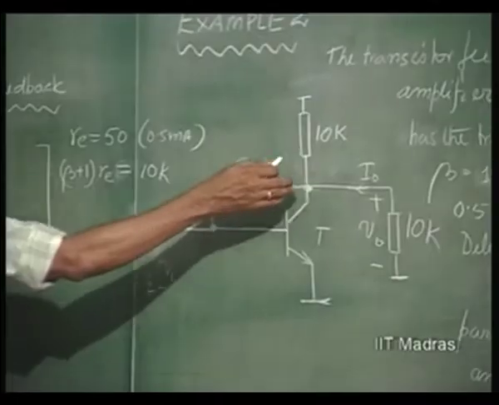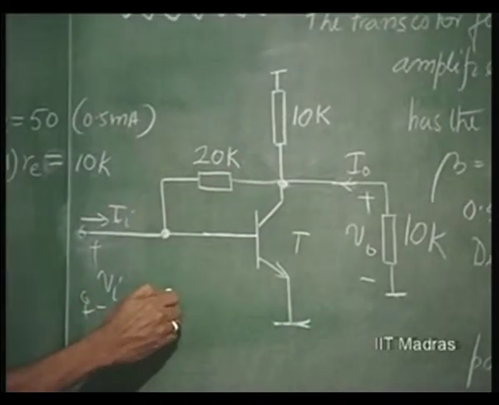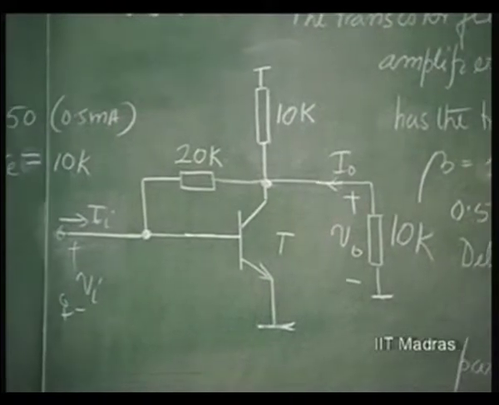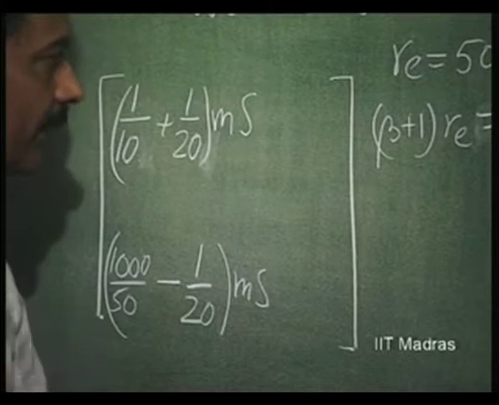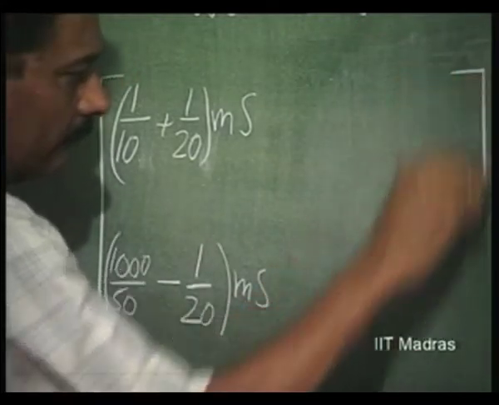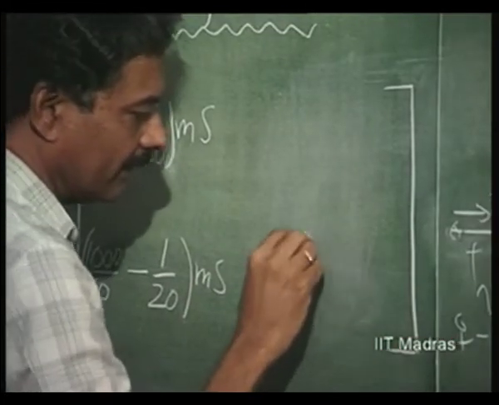Now from the output, you apply a voltage at the output, short the input and find out the other 2 parameters. So output admittance is going to be this 1 over 20K, which will anyway come.